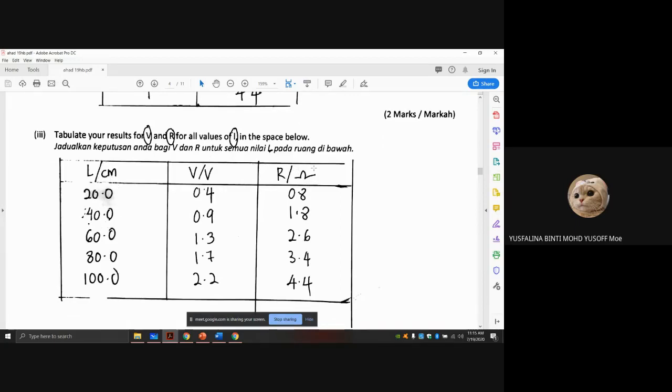The third one, the reading is correct. And then the decimal point is consistent. Means if the first reading here is 1 decimal point, all must be in 1 decimal point, so it must show in the column.